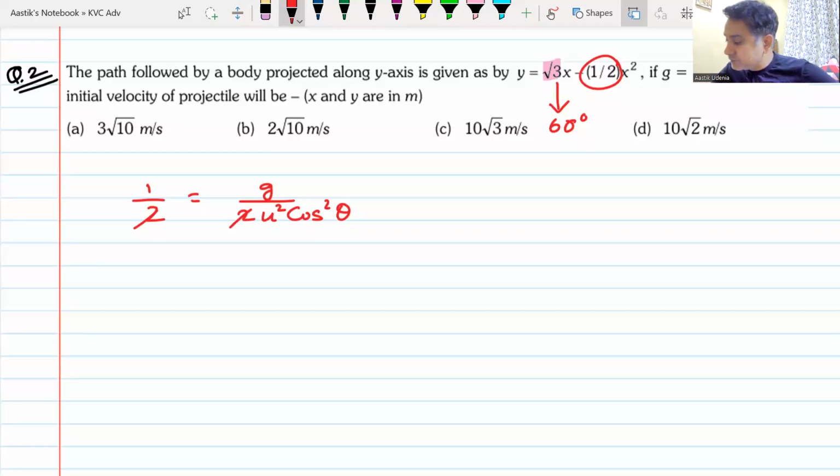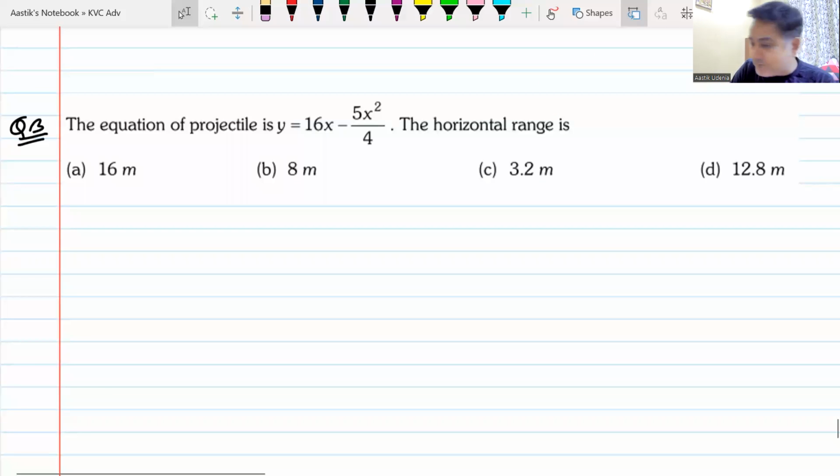Then comes question number 3 on trajectory, and I hope you will be able to solve this also in a flash. This is the next question on trajectory, and I hope that I get an answer quickly for this one.